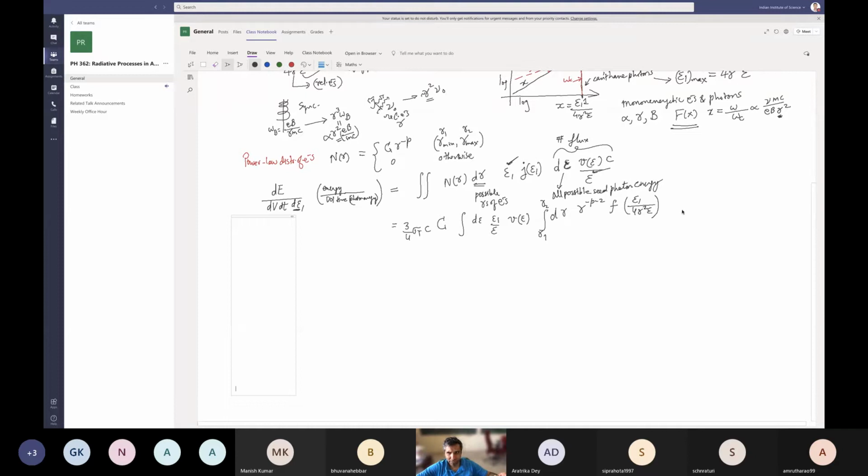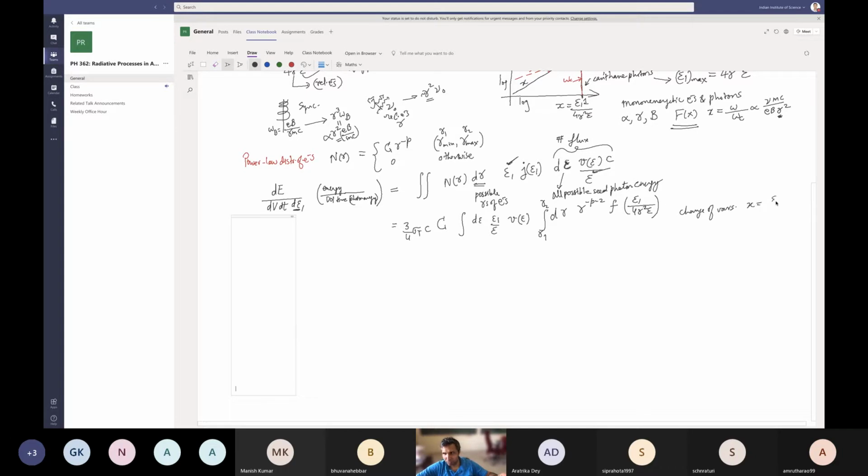Again, we have a change of variables, a very similar procedure to what we did in synchrotron. Recall, we had a power law distribution of electrons, and we added up synchrotron emission due to all of those and obtained the luminosity, or spectrum as a function of frequency. We are doing the same thing here, with the same change of variable.